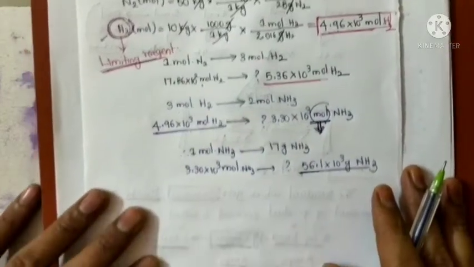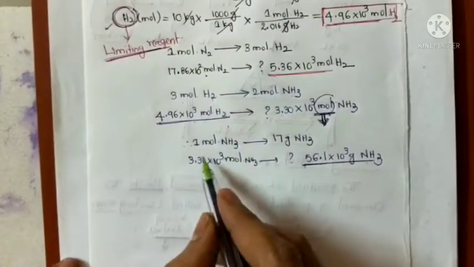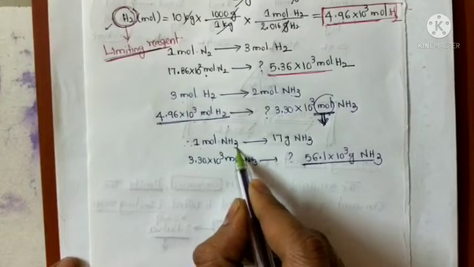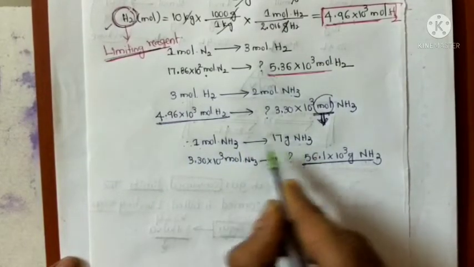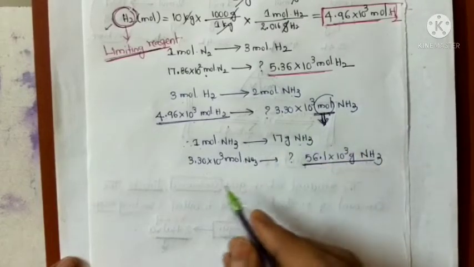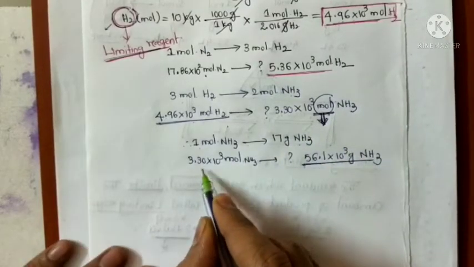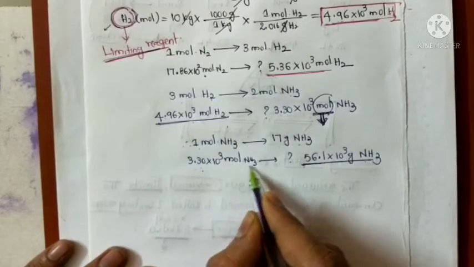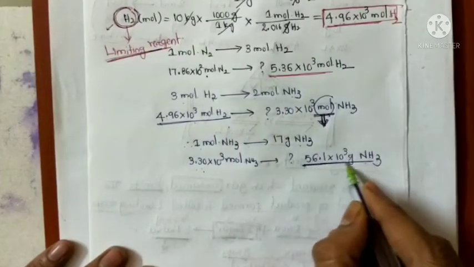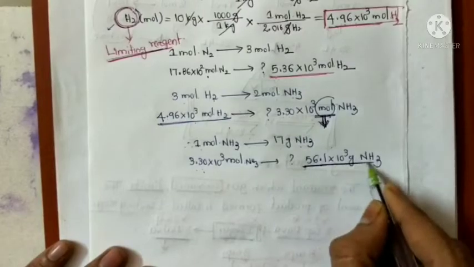So we know that 1 mole of ammonia contains 17 grams of ammonia. So now 3.30 into 10 to the power of 3 moles of ammonia is equal to how many grams of ammonia?